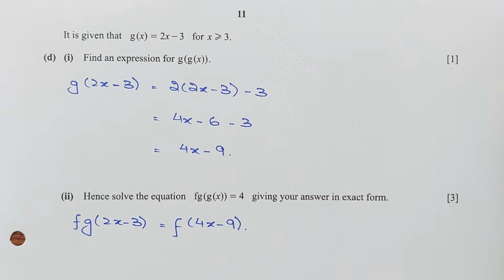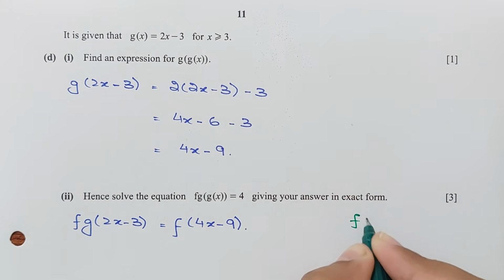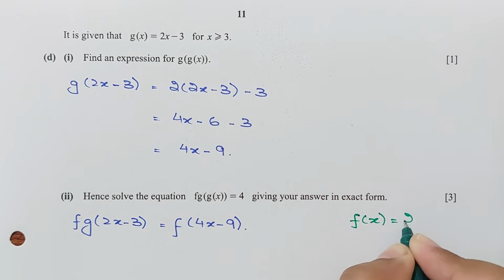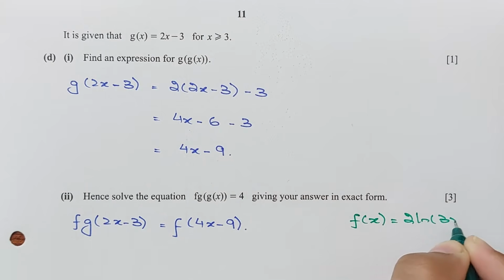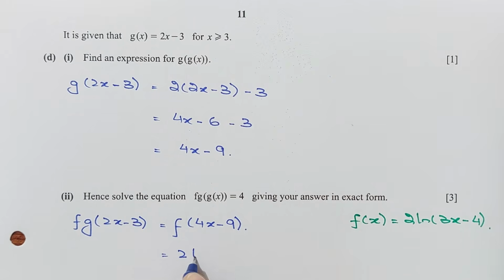And f of 4x minus 9 is, let me write down f of x first, which is given: f of x equals 2 ln of 3x minus 4, right? Now f of 4x minus 9 is 2 ln of 3 into 4x minus 9, and minus 4. Just x is replaced with 4x minus 9.